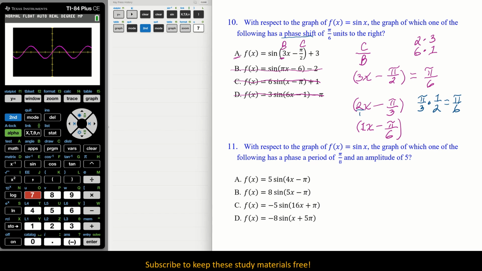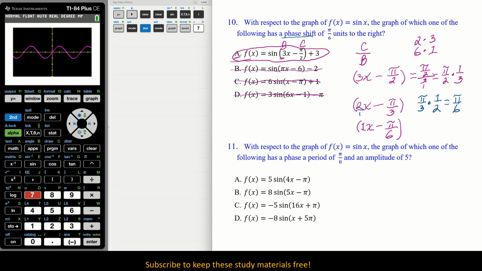Now this other one, we know that's valid, because that would be pi over 2, and then it would be dividing 3 over 1, which gives us pi over 2 times 1 over 3. Of course, that's pi over 6, so that is a valid answer, A.